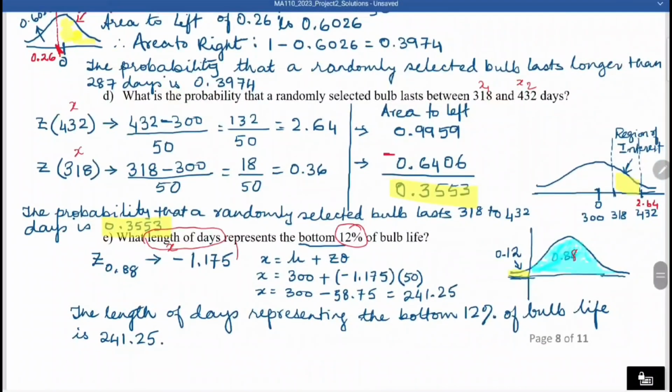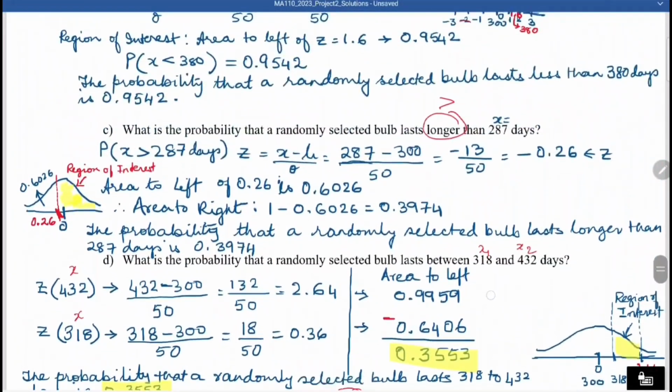Now here we used the formula to find the z value as x minus mu divided by sigma, because we were not working with sample means. In this case, we are working with actual observations. When we work with sample means, we will use a slightly different formula for the z value, which we will see in the next few exercises.